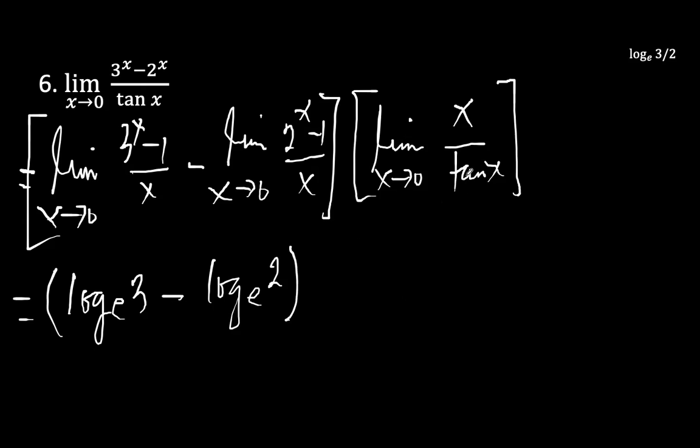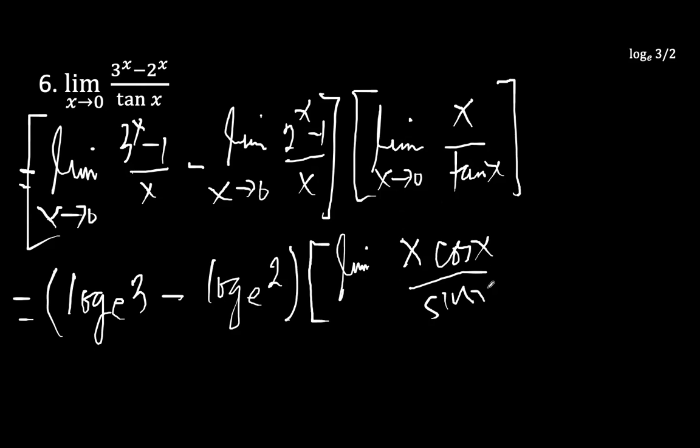Let's try to decompose tangent into simpler trigonometric functions, such that tangent is equal to sine over cosine, right? So this becomes x cosine x over sine x as x approaches 0. Our problem now is the second factor.